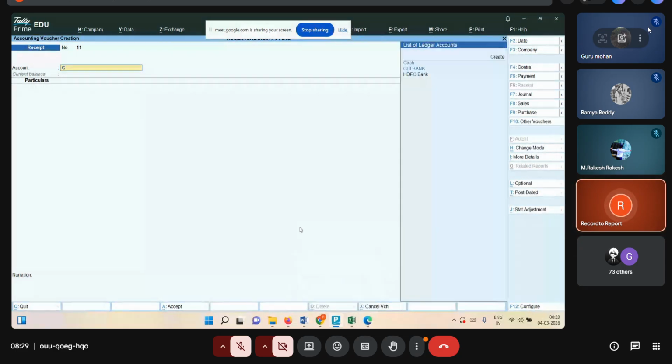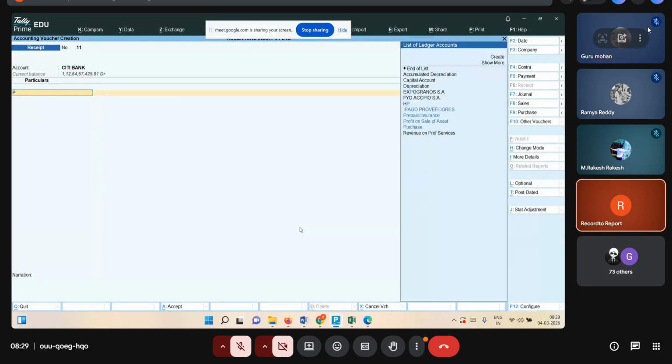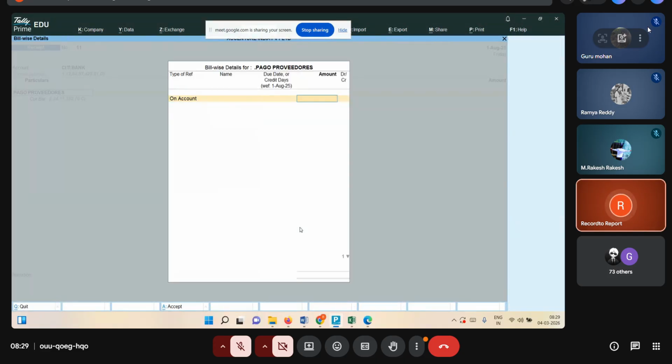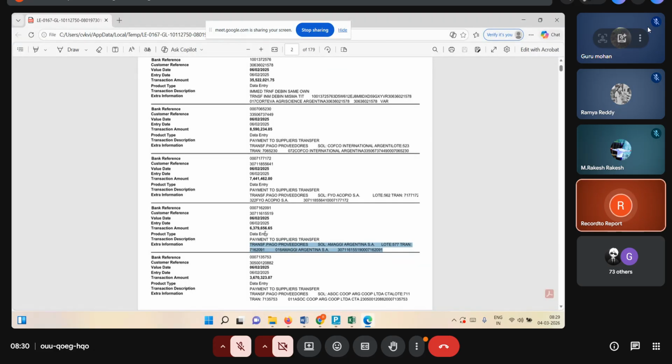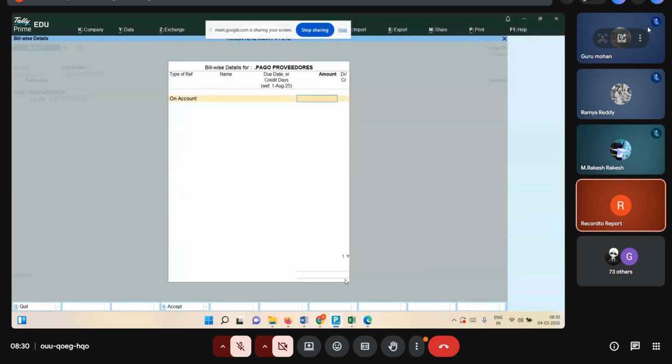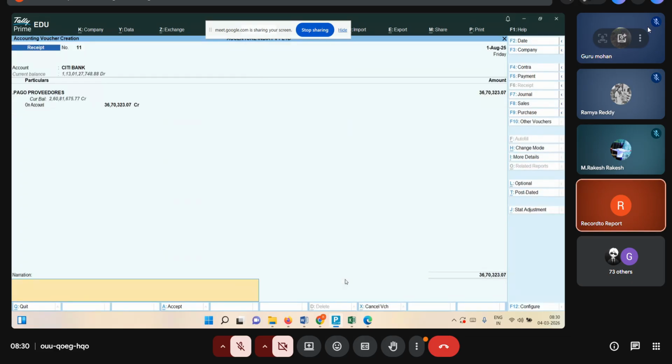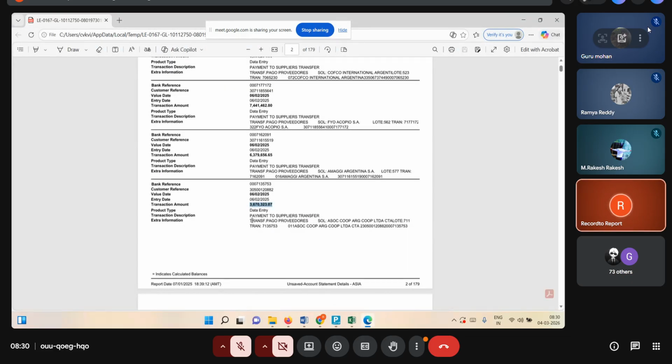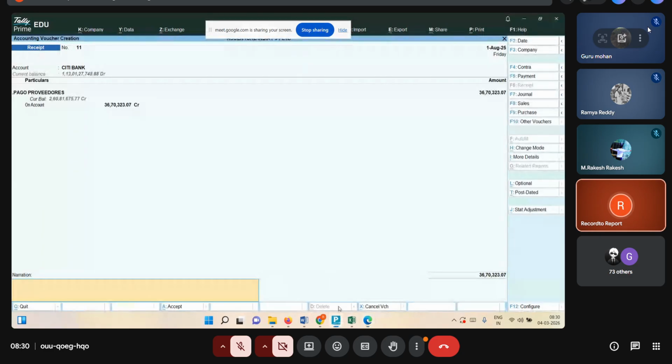So again, we have Citibank. Your providers on account. And what is the amount here, guys? So this is the description of this transaction. Okay, clear?